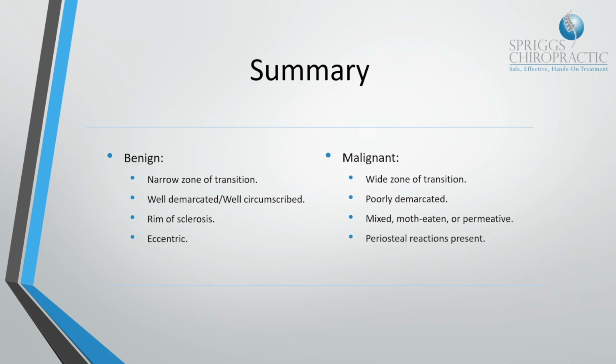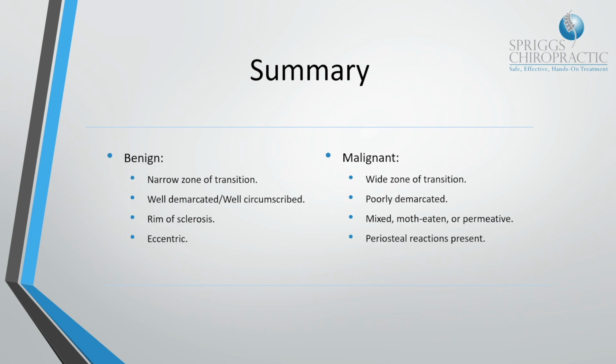The reason why I say that is because benign tumor processes can start within the medulla of the bone and expand outwards. So that's your soap bubble expansile lesions. However, if we're talking about fibrous cortical defects, non-ossifying and ossifying fibromas, then these are always going to be within the cortex, and they are eccentric in their appearance.